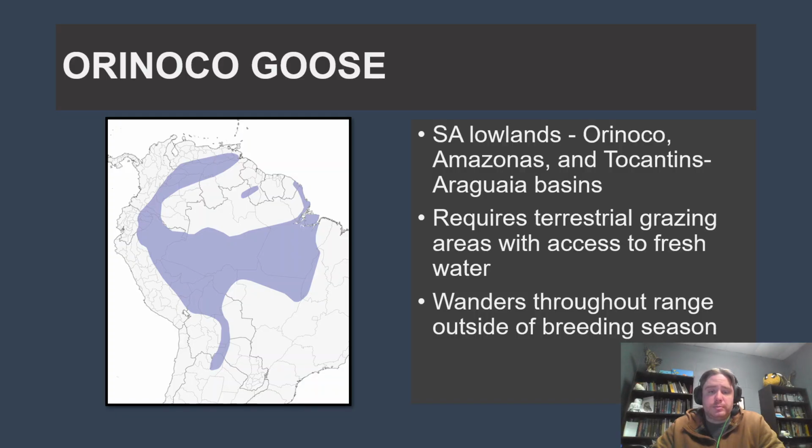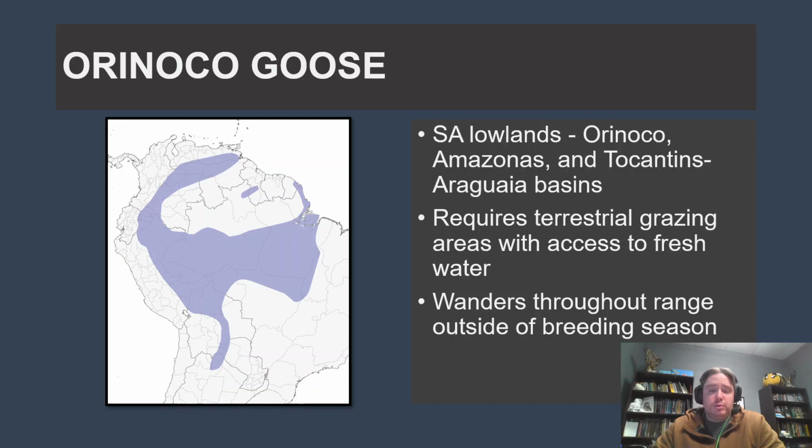This is primarily found in 3 different basins: the Orinoco Basin, the Amazonas Basin, and the Tocantins-Araguaia basins. They require terrestrial grazing areas with access to fresh water. So basically they hang out around fresh water, and then they forage in grasslands, particularly places with those clumped grasses. So they kind of walk around like little feathered cows munching on grass.